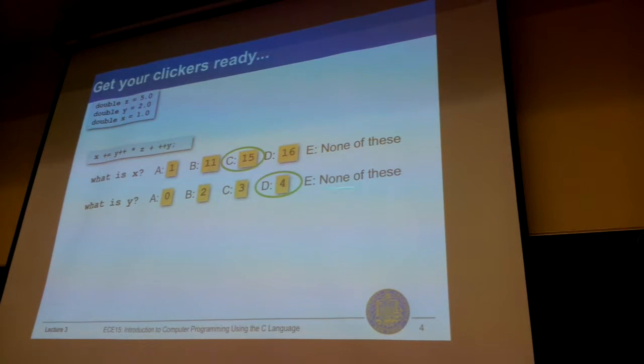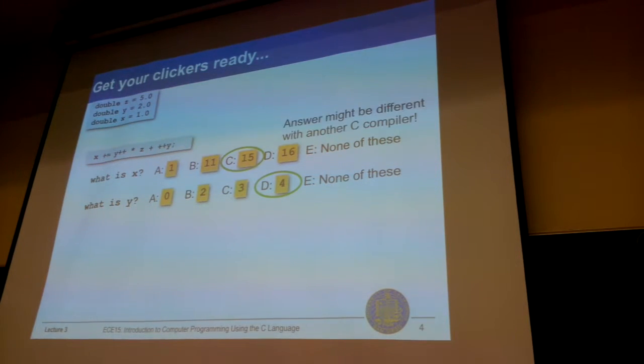So what do you, forget about it. You guys did pretty well answering this last time, but this was actually a little bit of a tricky question, right? Because we had multiple unary operations here. I gave you a rule for our compiler, the compiler that we're using in this class.